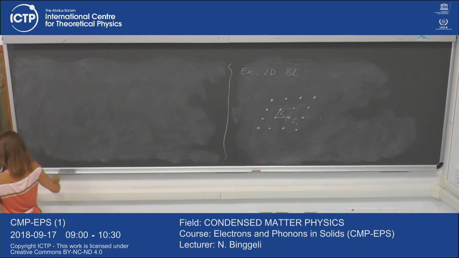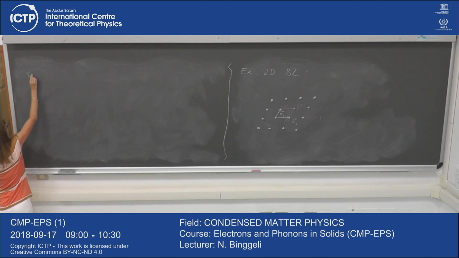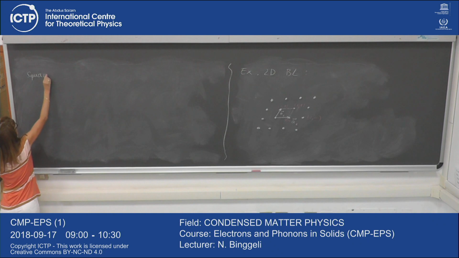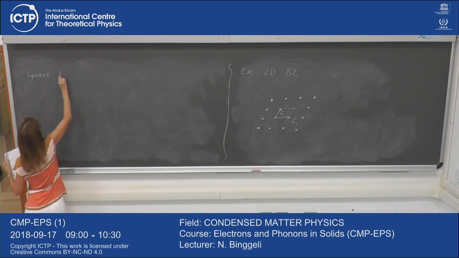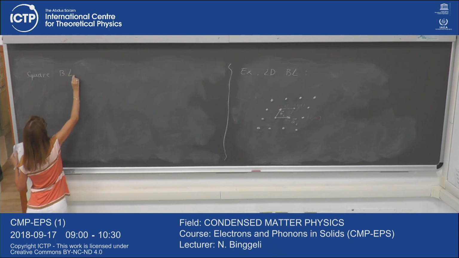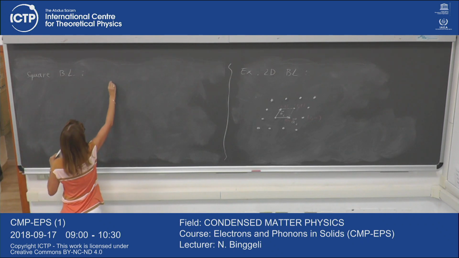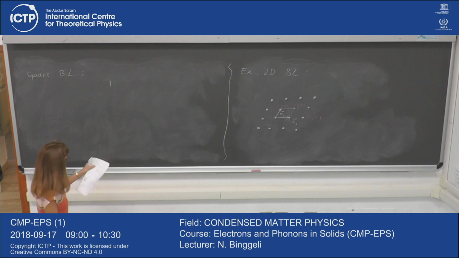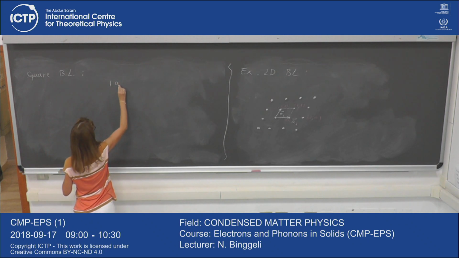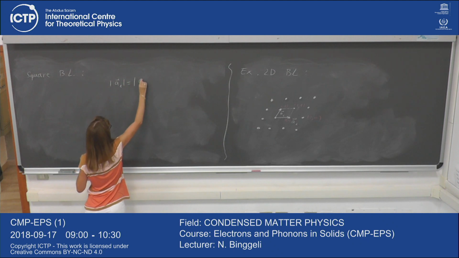And a typical Bravais lattice in two dimensions is the square Bravais lattice. So the square Bravais lattice in this case has the two vectors a1 and a2, which have the same norm.